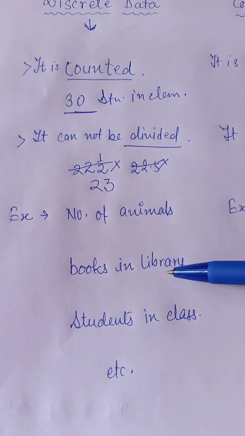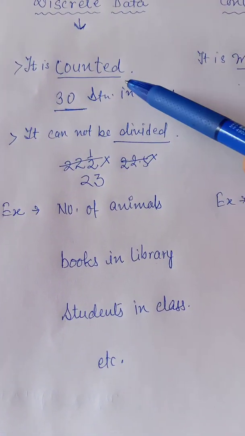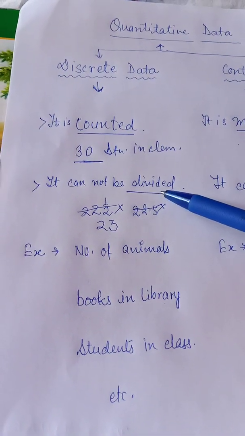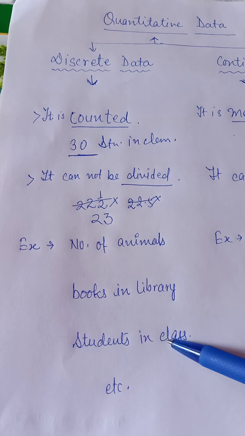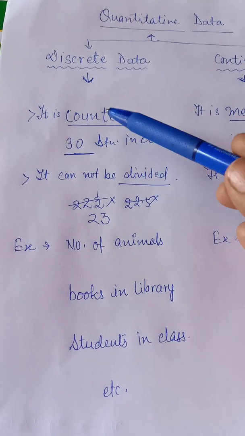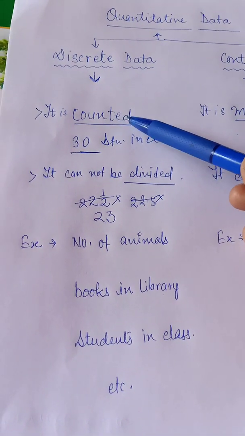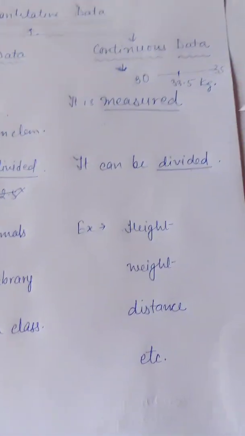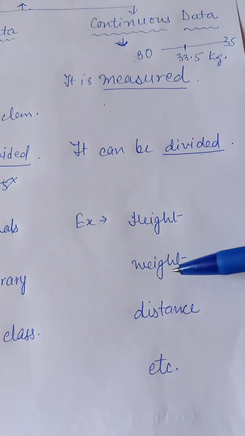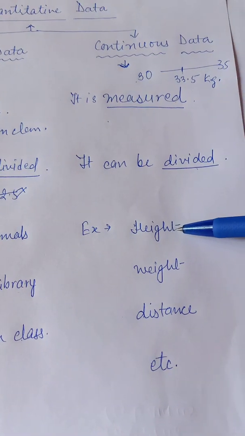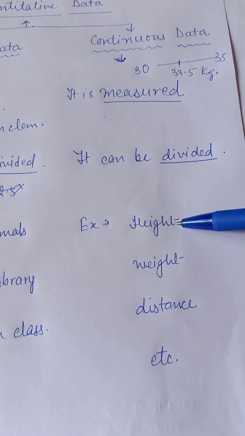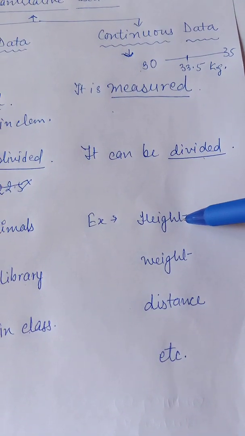Okay, books in library, it can be counted and it cannot be divided. Students in class are also countable and cannot be divided. Likewise, the height of a person or a wall or anything, it cannot be counted.